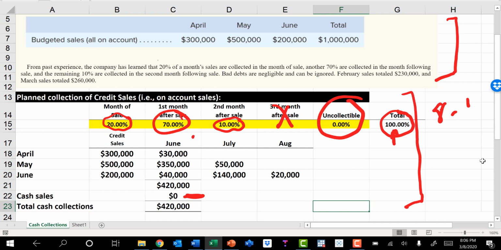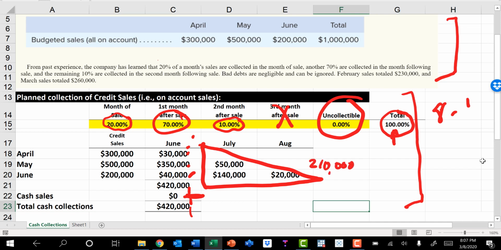If we look at receivables at the end of June, that's where we use the triangle method. My receivables are going to be sales that occurred before the end of June, for which we have yet to collect the cash. So the 50, the 140, and the 20 are what we have yet to collect. And if I add those together, I get 210,000. That's my ending receivables.